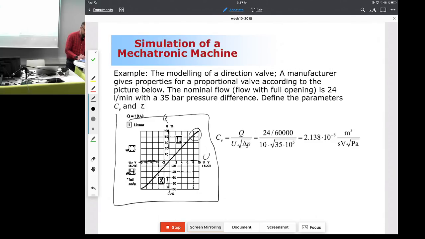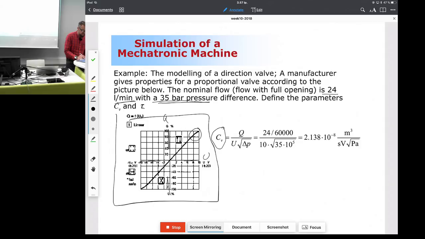It is mentioned in the manufacturer's catalog that the nominal flow with full opening is 24 liters per minute when the pressure difference is 35 bar. That's exactly the information that I need in order to define this semi-empirical parameter.